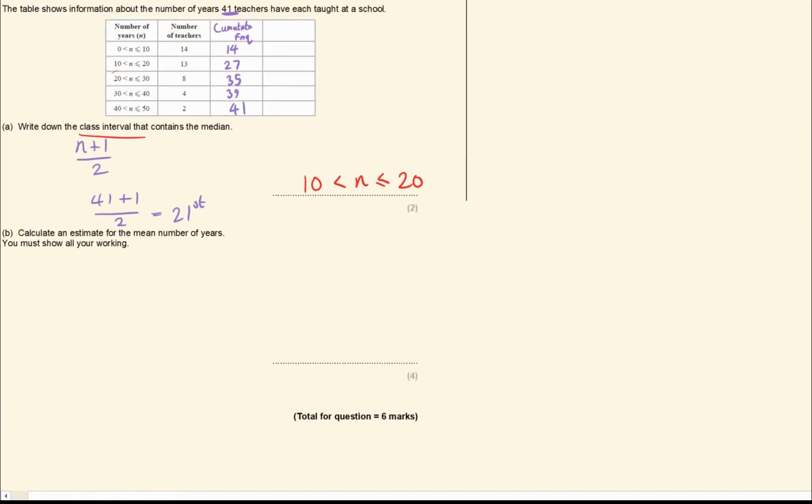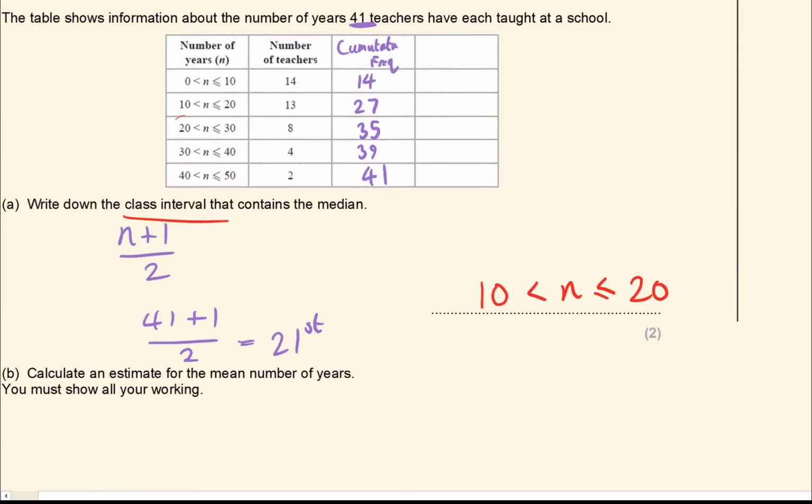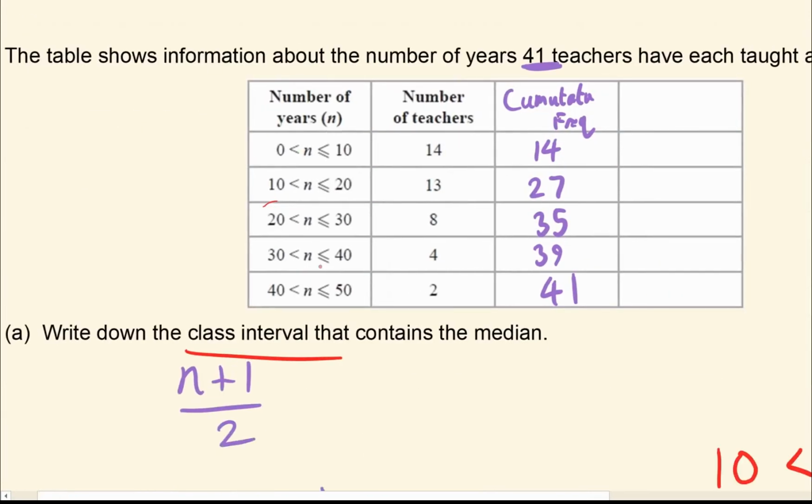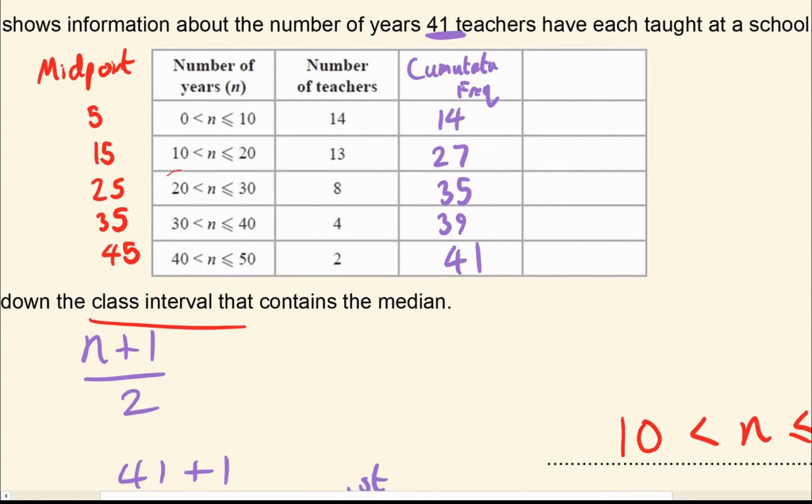We now want to work out an estimate for the mean. We must show all our working. And for the mean, we do the same thing. Again, we've got a range of values, so what we're going to do is take the midpoint. The midpoint is halfway between 0 and 10, halfway between 10 and 20, and so on and so forth. What we then want to do is work out the total for each row.